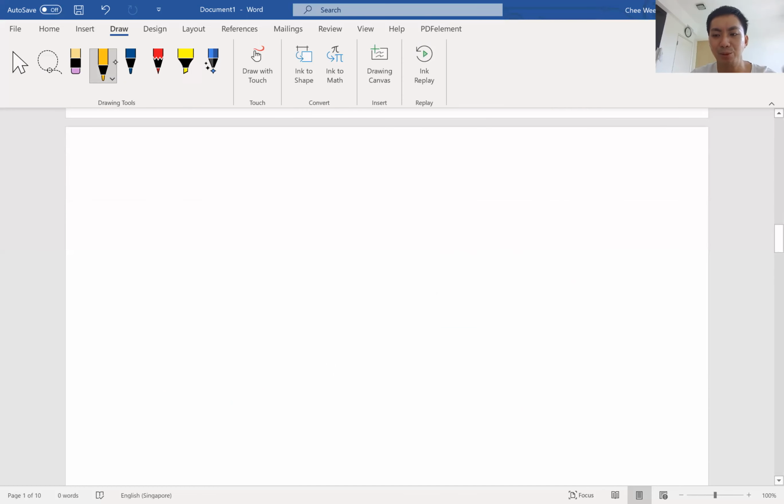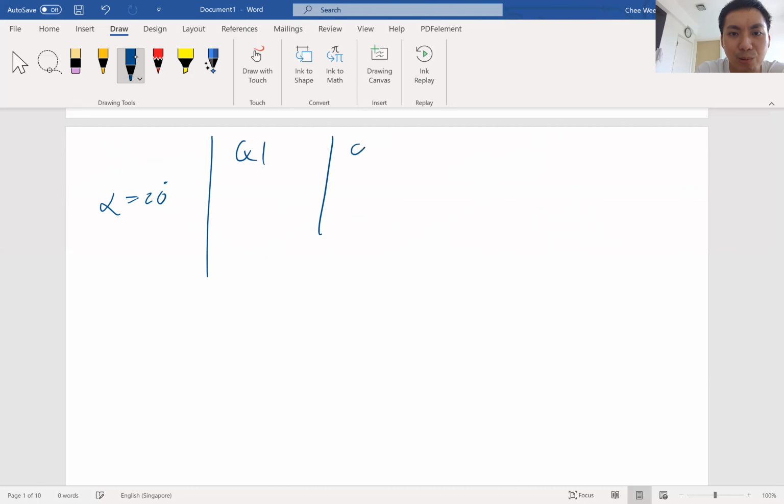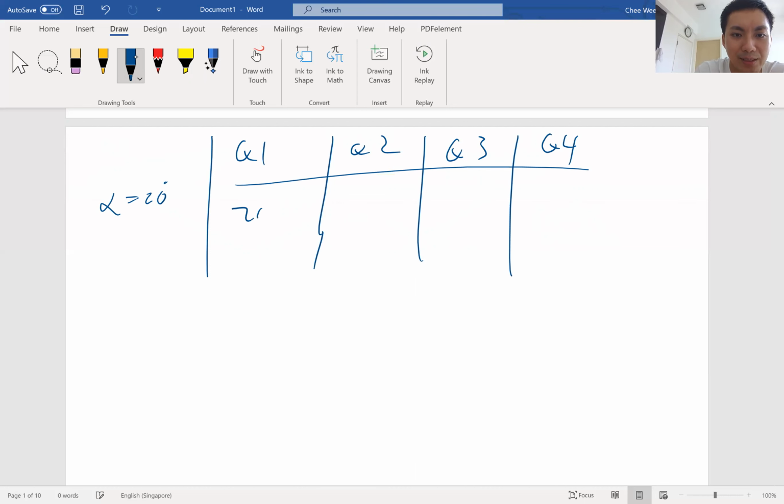So from there, you are supposed to have the skills to identify, given a basic angle, who are the angles in the 4 quadrants that share the same basic angle throughout. So for example, if I say alpha is equal to 20 degrees, you must immediately be able to say Q1, Q2, Q3, Q4: 20, 160, 200, and 340 degrees.